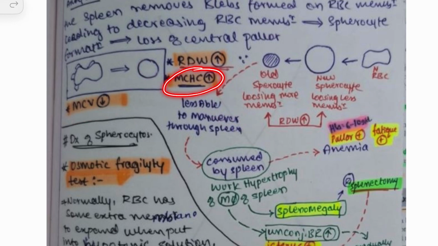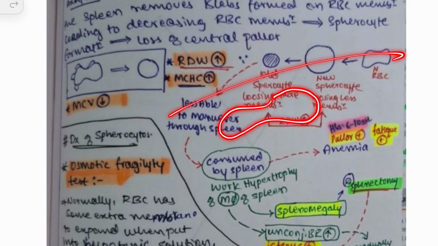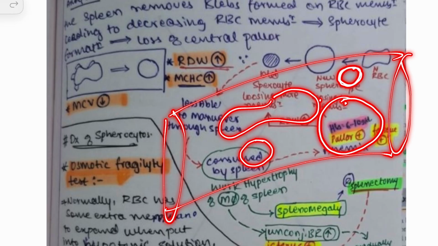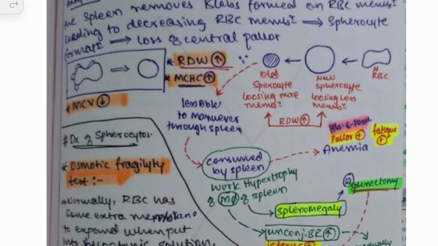So MCHC is increased, MCV is decreased, and RDW is increased, because there are normal RBCs also in the circulation. Suppose this is the circulation: there are normal RBCs, small RBCs, spherocytes, big RBCs, like this. So there is much variation in size. That's why RDW is increased.